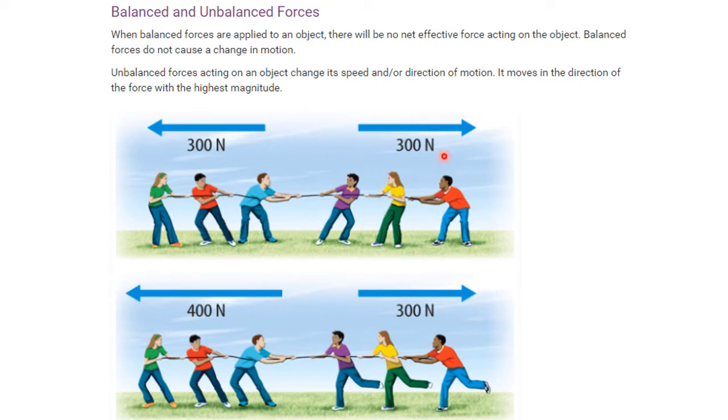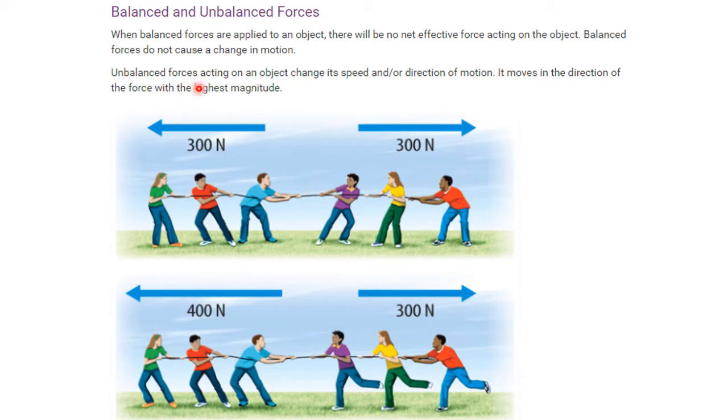These persons are pulling in this direction and these persons are pulling in the other direction, each with 300 Newton. So there will be no net movement. There is no net effective force on the object, the object over here being the rope.